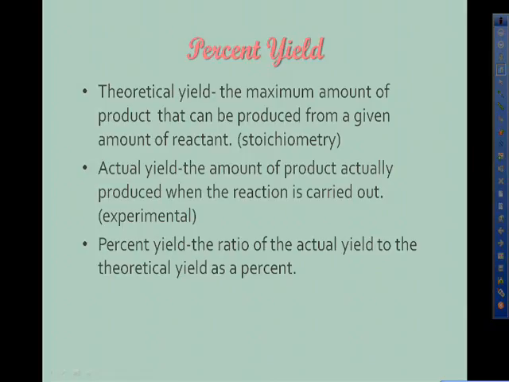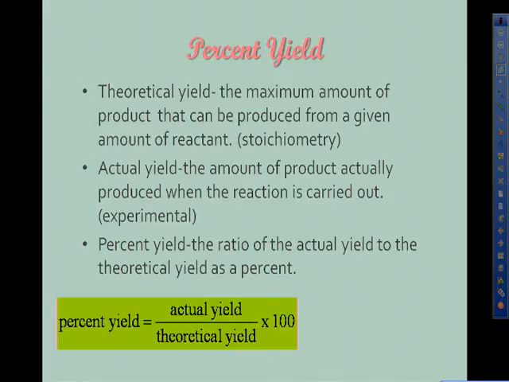So the percent yield will be the ratio of the actual yield to the theoretical yield as a percent. The equation for that is actual yield divided by theoretical yield multiplied by 100 equals percent yield. For this topic, we're not doing anything new with stoichiometry. We are going to set up and solve for product just like we have done previously.